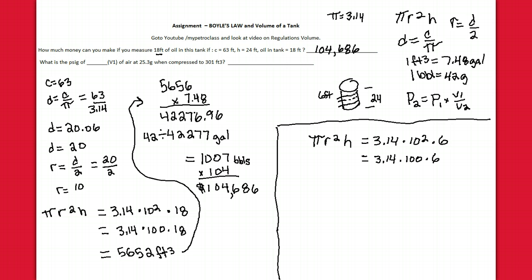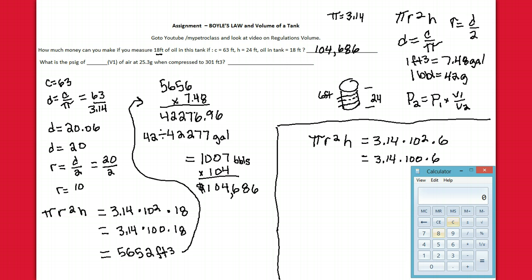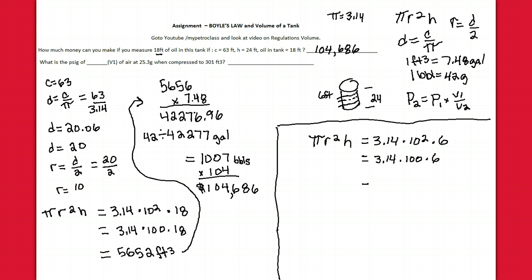Let's get the calculator, clear it out. 3.14 times 100 times 6 is going to be equal to 1,884. And that's going to be cubic feet.